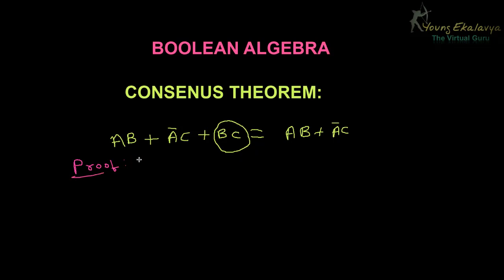Proof. So our given expression is AB plus A bar C plus BC. Now take it in such a way that every term contains all the variables, that is every term must contain all the three variables A, B and C. So how to take it?